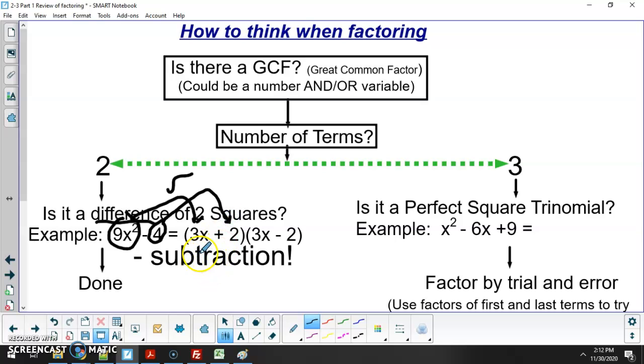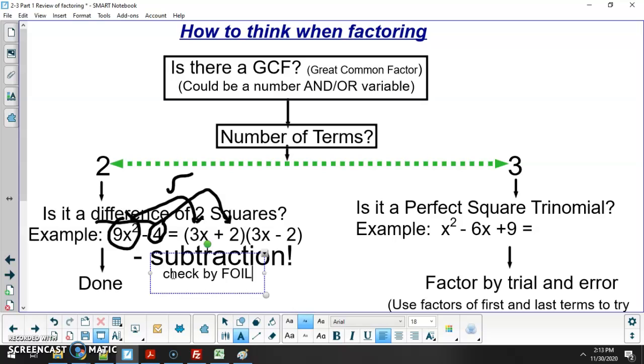Then you have a plus sign and a minus sign when you are factoring this, because if you were to check this, how would you think we would check this? To check this, you would do good old foiling. So you can check by FOIL.